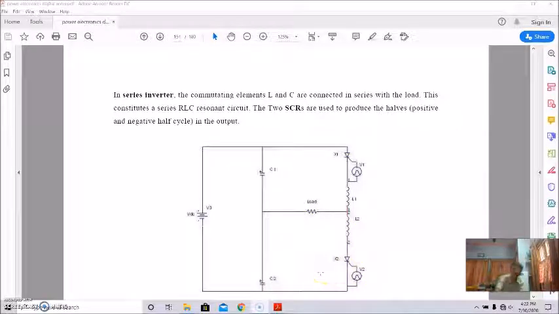Two ACRs are used to produce the positive and the negative halves of the output. Since this LC is connected in series with the load, it constitutes a series RLC resonance circuit.